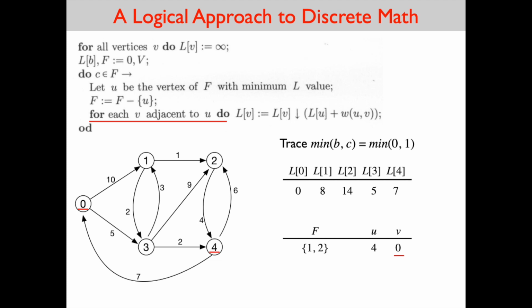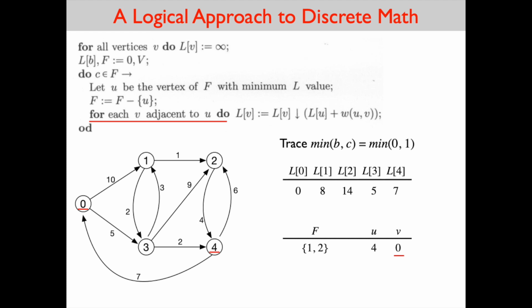Now what is going to be computed in the for statement? L sub v is going to get something. What is L sub v? What is v? v is 0. What is L sub 0 going to get? It's going to get the minimum of the current value of L sub v, which is 0, and what?